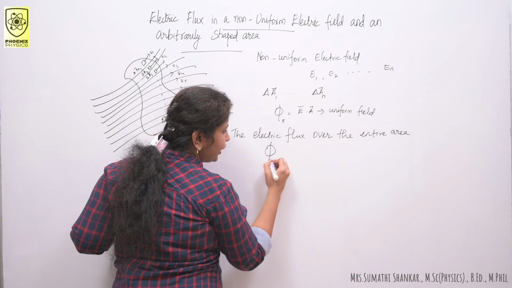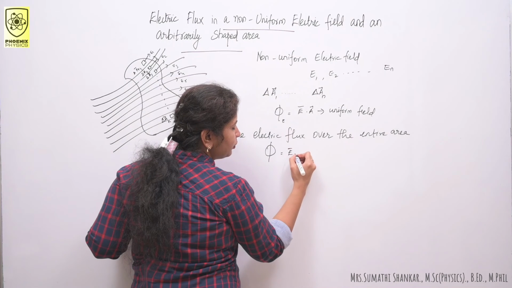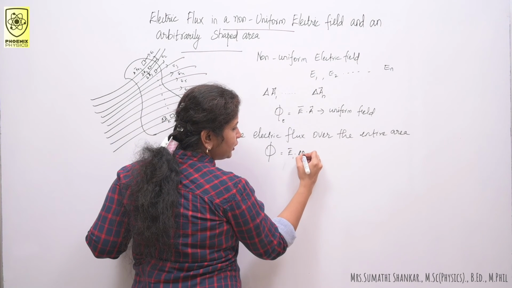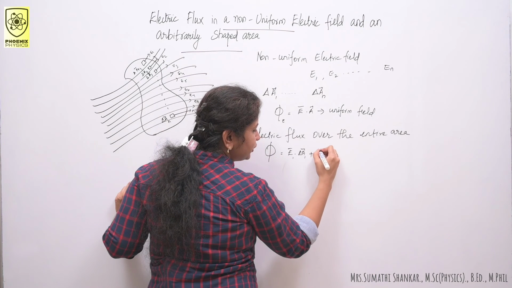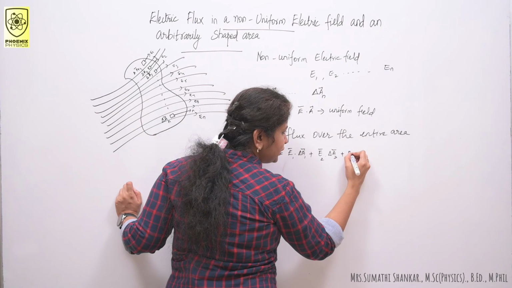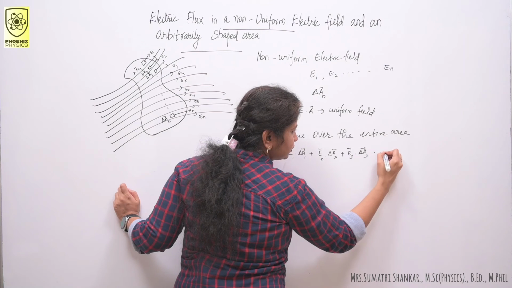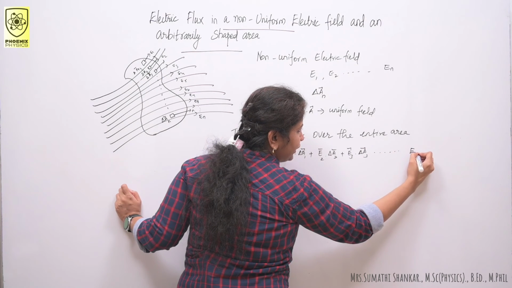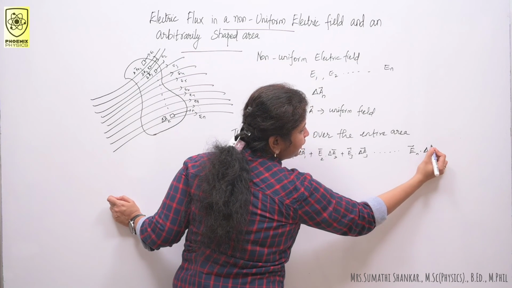That is, phi can be written as E1 vector dot delta A1 vector plus E2 vector dot delta A2 vector plus E3 vector dot delta A3 vector up to En vector dot delta An vector.